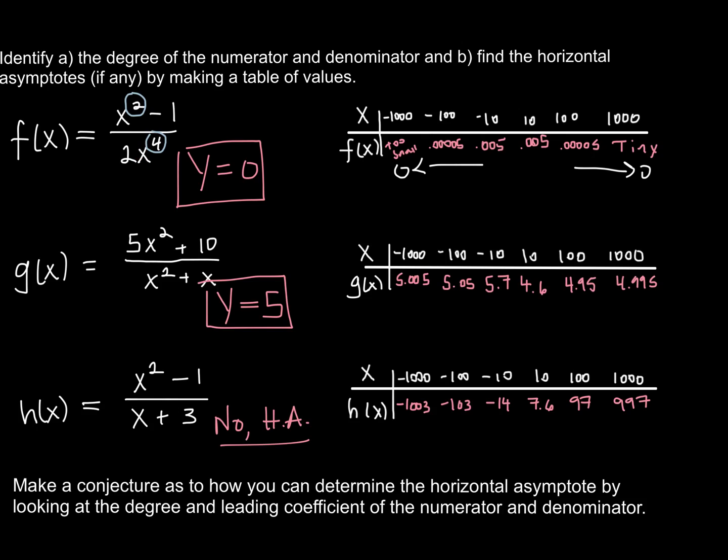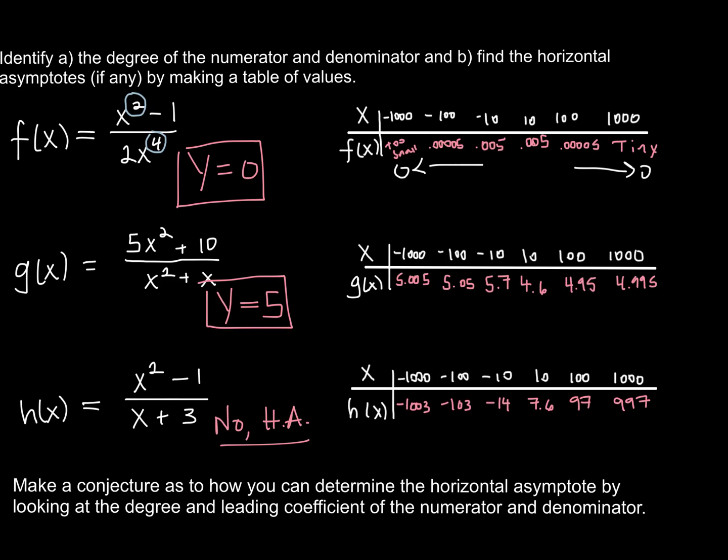So as x is increasing, this denominator is getting bigger much faster than this one. And so as we move out to the right and to the left, as x approaches positive and negative infinity, when my denominator has a greater degree than the numerator, my horizontal asymptote is going to be the line y equals 0. That is always going to happen.